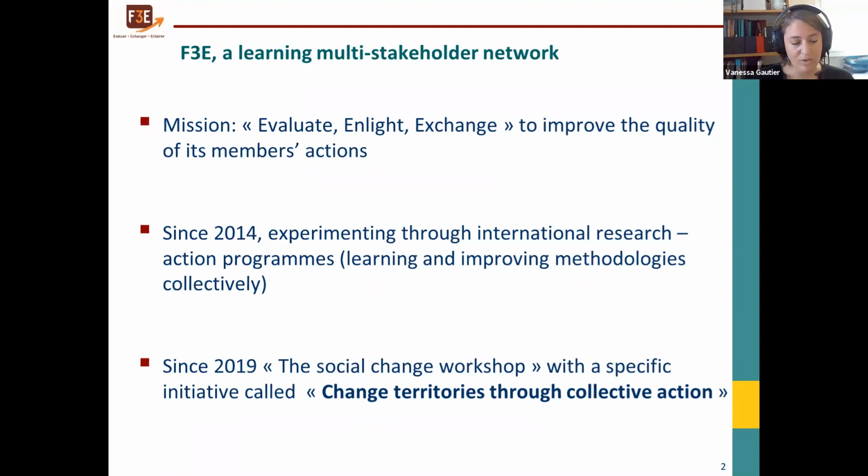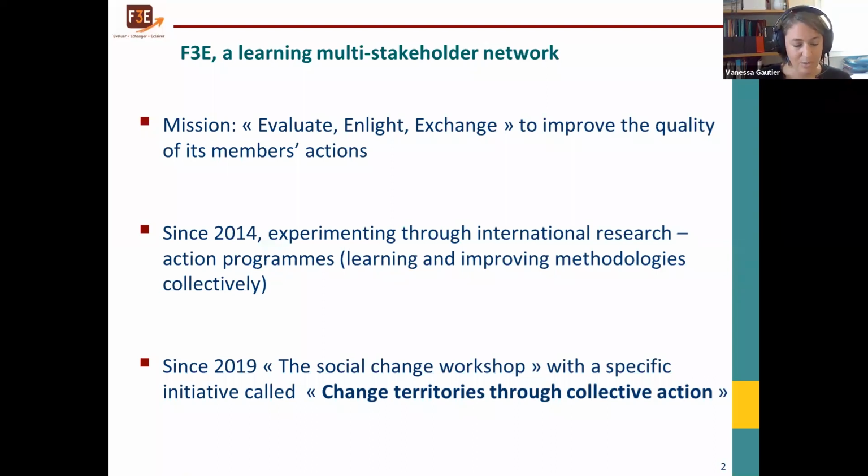What's been new for us recently is that we engaged in what we call research action programs to give space for innovation in methodologies. We started this process with a program aiming at learning and improving methodologies collectively, based on change-oriented approaches that I'm going to present.